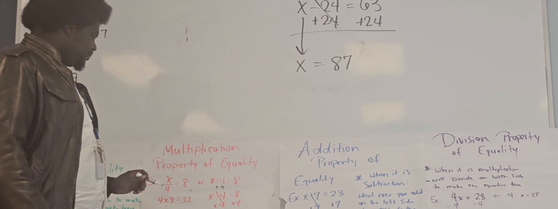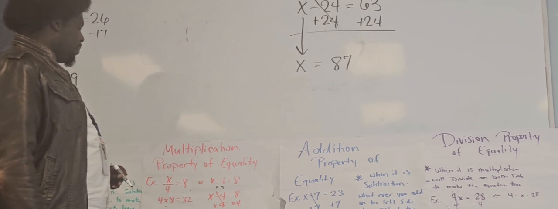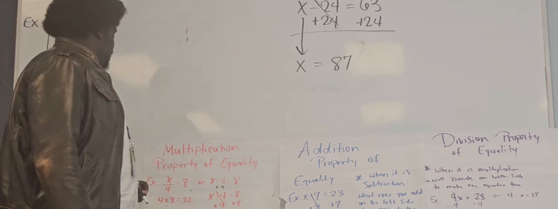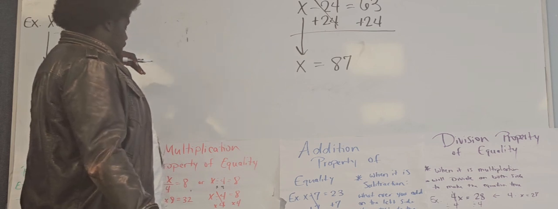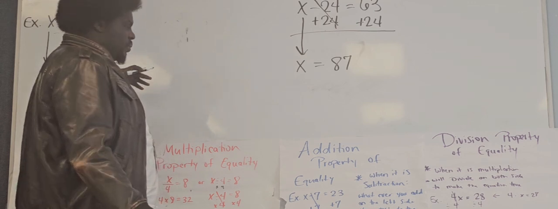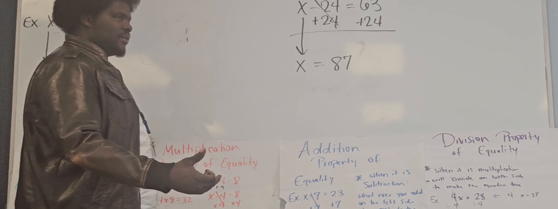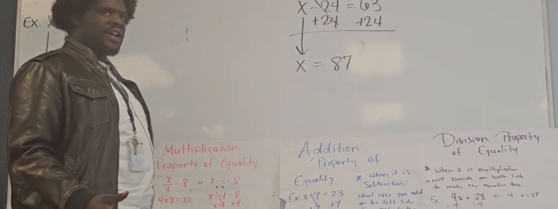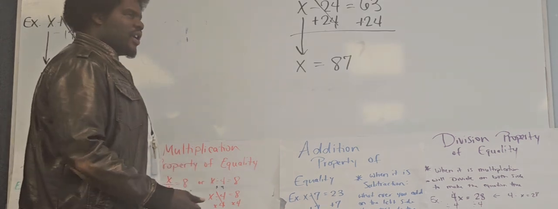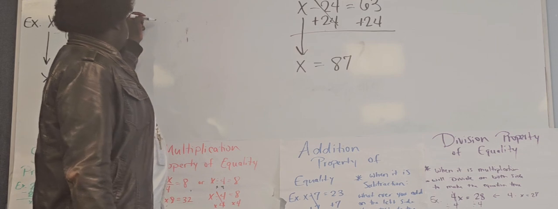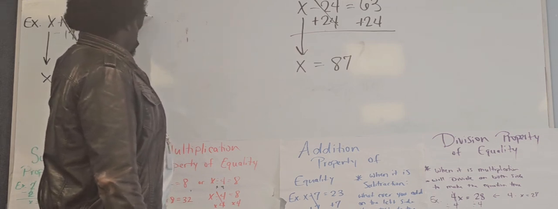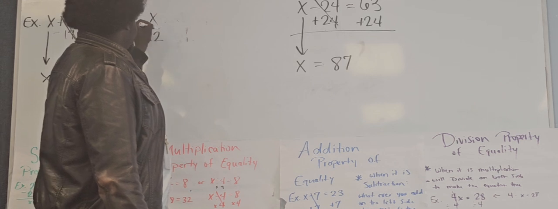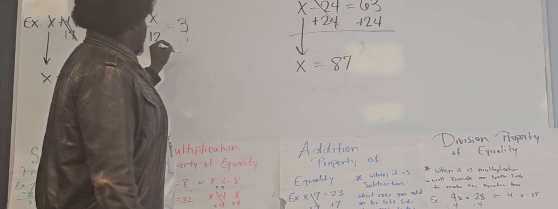Next, multiplication property of equality. With the multiplication property of equality, whatever you multiply on one side, you have to multiply on the other side as well to make the equation true. So let's just say we have x over 12 equals 3.